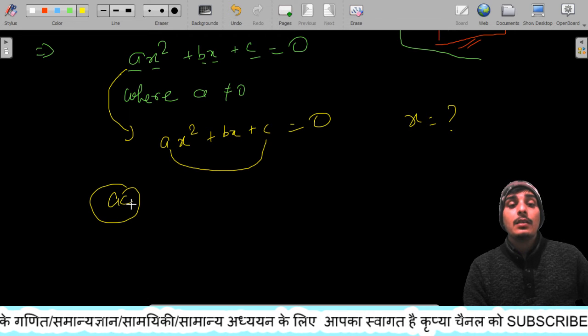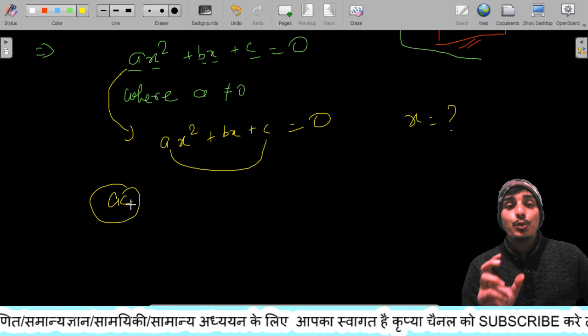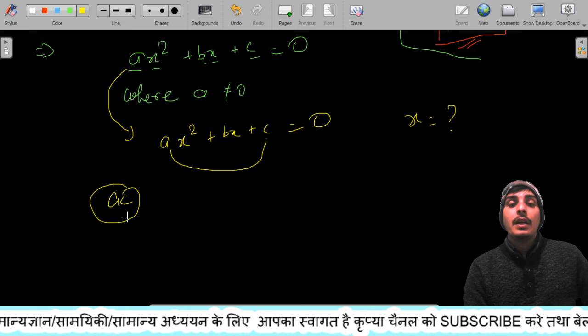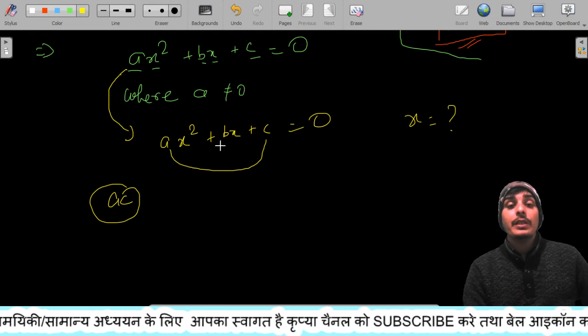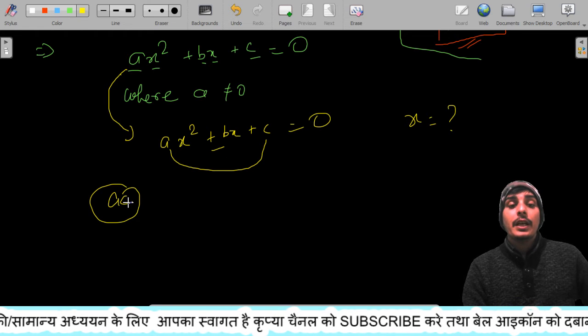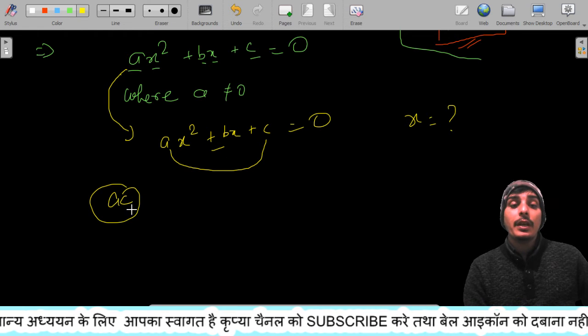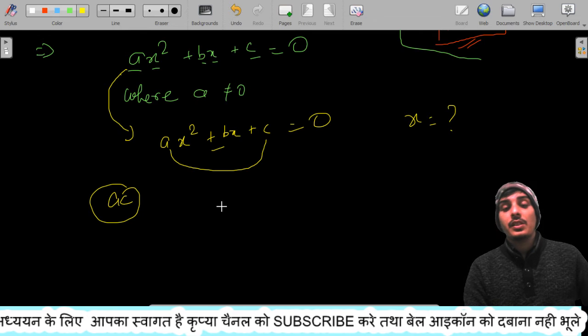Then split this ac into two terms, which after adding give you plus b, and after multiplying give you plus ac, right?